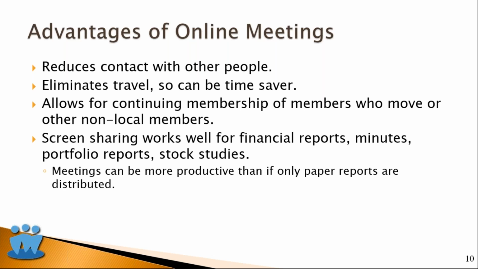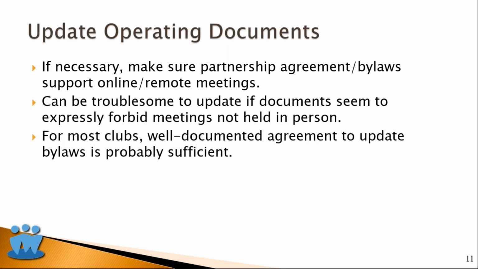So that is something that can be handled very easily in an online meeting environment. And so I think that adds to the productivity that you can gain by taking advantage of online meeting tools.